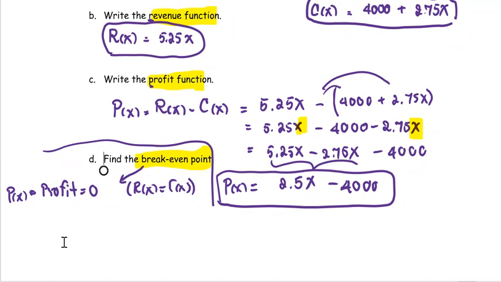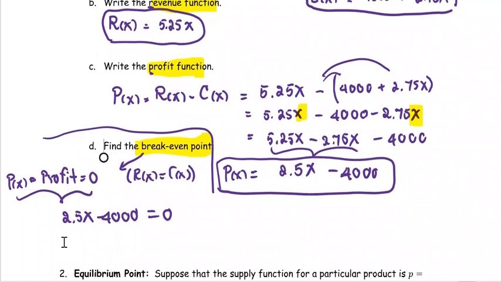Since in this problem we already found the profit function, I'm going to take P of x, the profit function from part C, and set up using profit equals zero. So 2.5x minus 4,000 equals zero. That's the setup for part D that I chose. And then I'm going to solve for x.